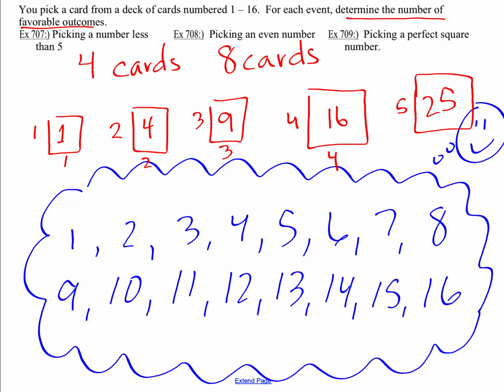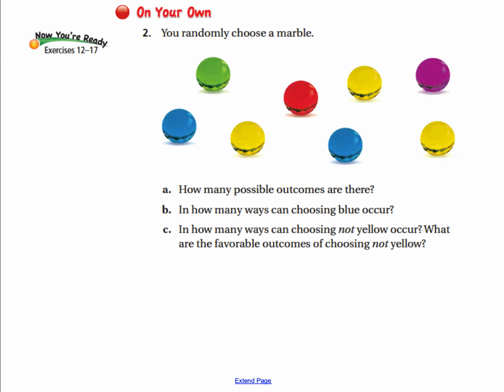Now, the numbers 1, 4, 9, and 16 do occur in this list down here. The number 25, however, does not. So we're looking at 1, 4, 9, and 16 as perfect squares. That's 4 cards that represent favorable outcomes. Okay, you don't necessarily need the list. The list can be in your head, but you need to think through the numbers and be able to count how many outcomes.